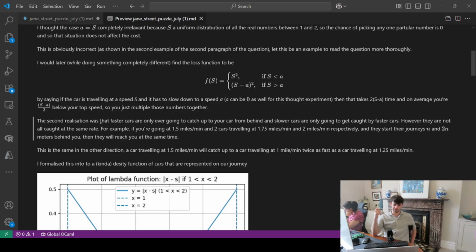So, for example, if you're going at 1.5 miles per minute and there are two cars behind you, one traveling at 1.7 miles per minute and the other at 2 miles per minute, then the one going at 2 miles per minute is going to catch up with you twice as fast as the one going at 1.7 miles per minute.